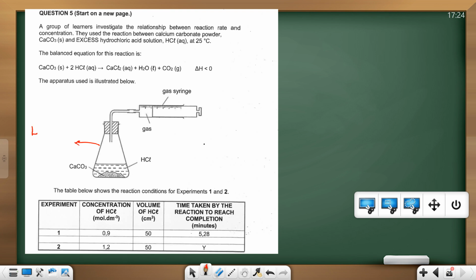It's called an Erlenmeyer flask. I know you might forget what Erlenmeyer is, so you can just remember conical flask. It's examinable, they'll ask you to label. It's just a conical flask. And they'll ask you to label this, it's a gas syringe. Conical flask.